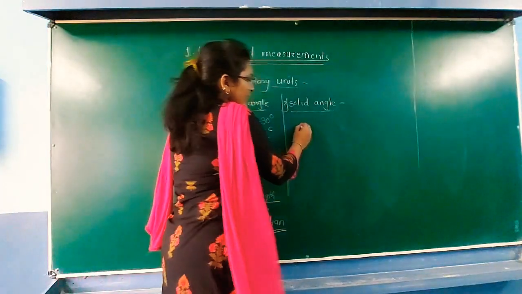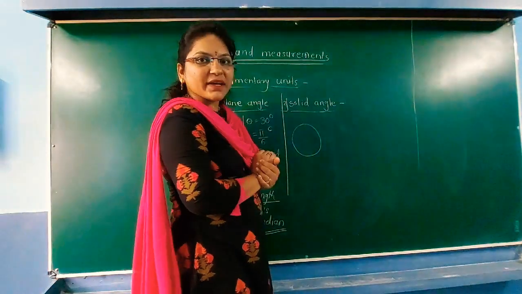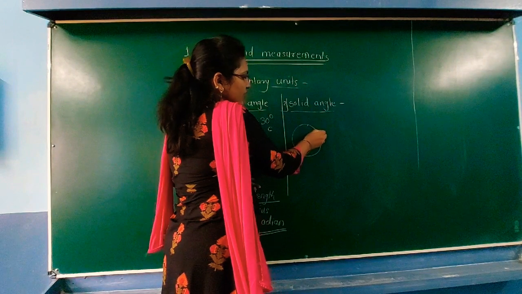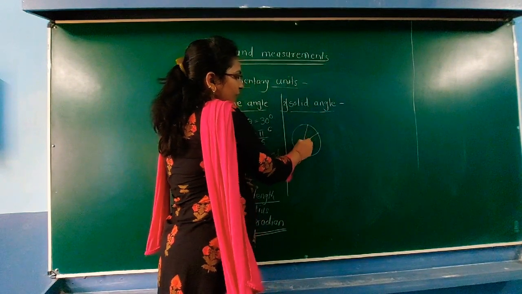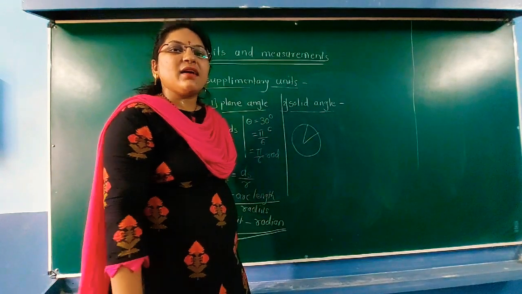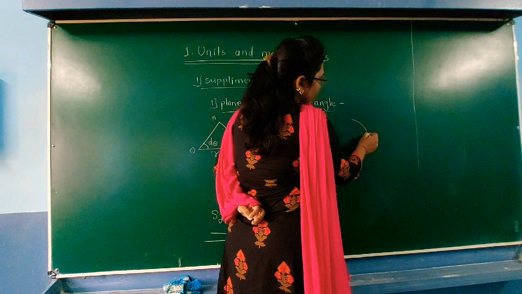Okay, if there is a solid sphere like a metal ball and we cut some portion of this sphere and take it out, then it looks like a cone.